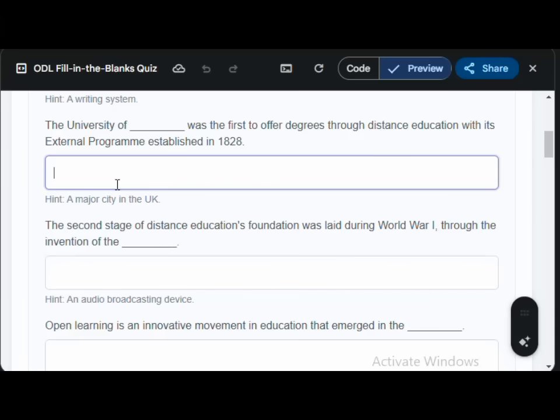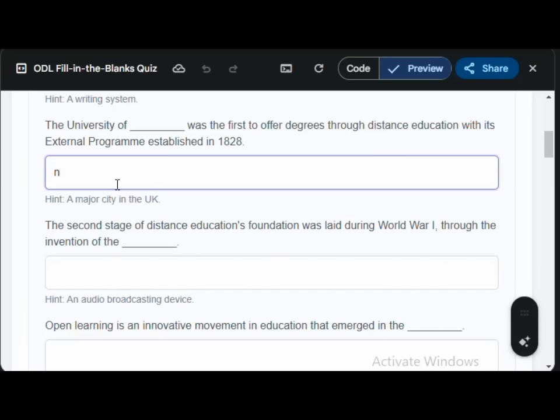Now take a look at this. Because London is a noun, it's the name of a place, you don't write the name of a place in small letter, it is absurd and wrong. So therefore, your London must have a capital letter if you are writing the name of a place or a country.